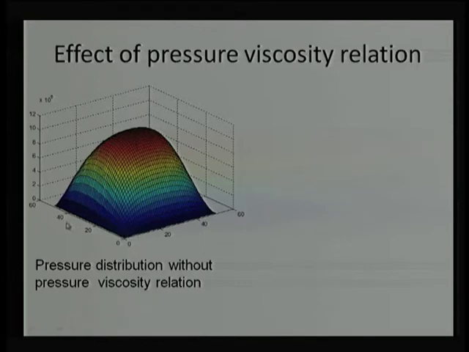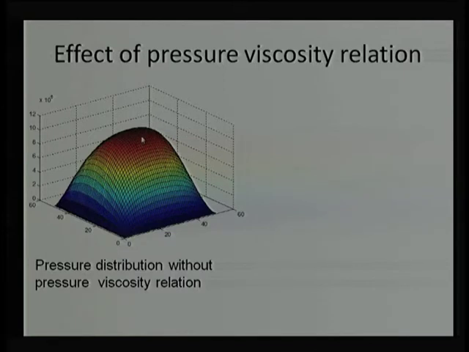This is the x direction, the z direction, we have the same number of nodes, so it does not matter much to us, and this is the pressure axis. The maximum value is roughly around 7 into 10 to the power 5, obviously 7 bar or 7 atmospheric pressure.